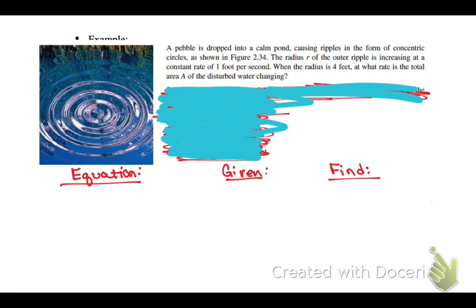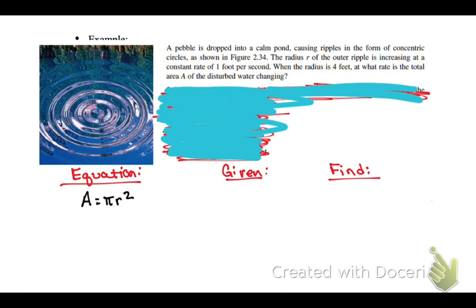Okay, so area equals pi r squared. What about when we don't know the equation for like pyramids? Then you've got to go look it up.